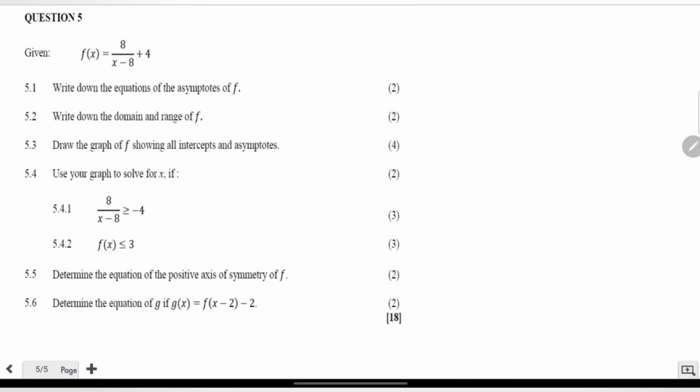So before I do this question, let me explain something about hyperbola, those basic things. The standard form of hyperbola, we have two of them. One is f of x is equal to a divided by x minus p plus q. This is the standard form of hyperbola. And the hyperbola is the graph which has two asymptotes.